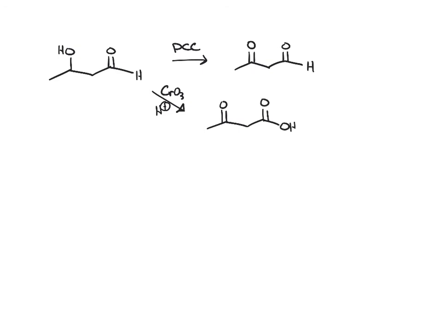So you get that. If you want to use those harsh conditions, or maybe you don't have PCC in your lab and you need to use just the chromic acid, but you want to oxidize just the alcohol, you can protect the aldehyde instead. The way we protect the aldehyde is through a cyclic acetal.